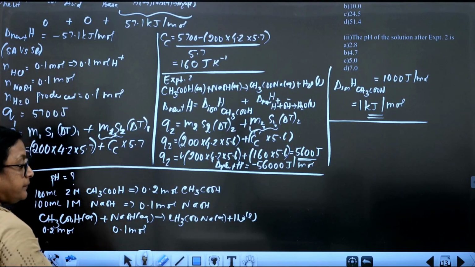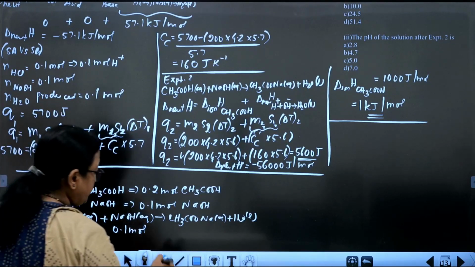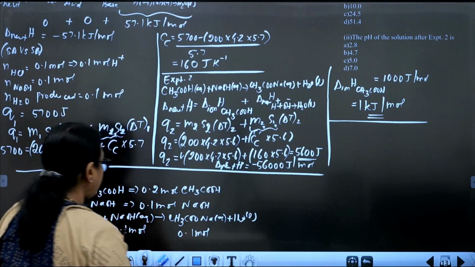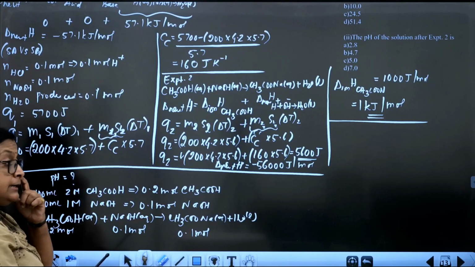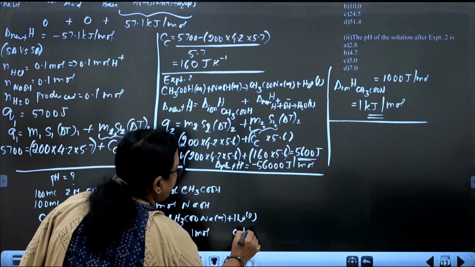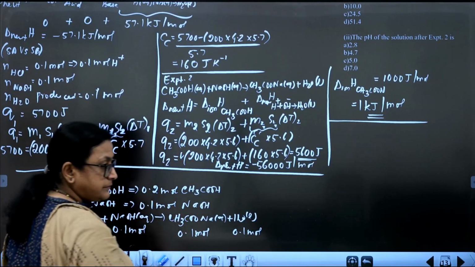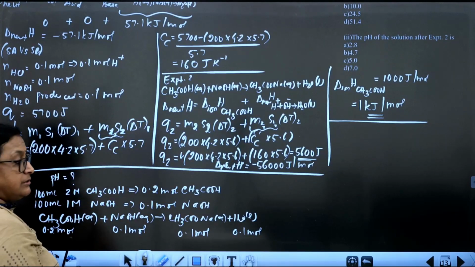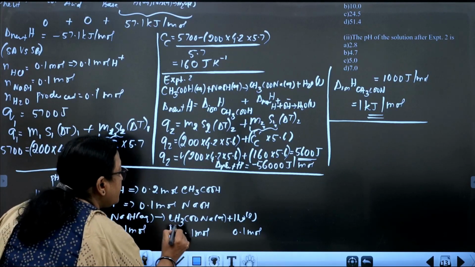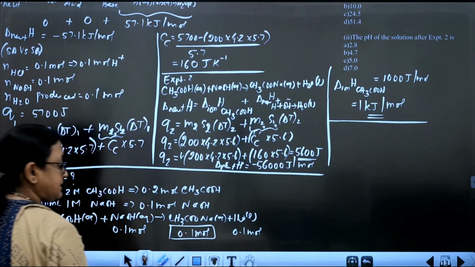So what will be produced is 0.1 mole sodium acetate because sodium hydroxide is the limiting reagent here. 0.1 mole sodium acetate and 0.1 mole water would be formed. So in the final mixture, we have water, we have 0.1 mole sodium acetate.